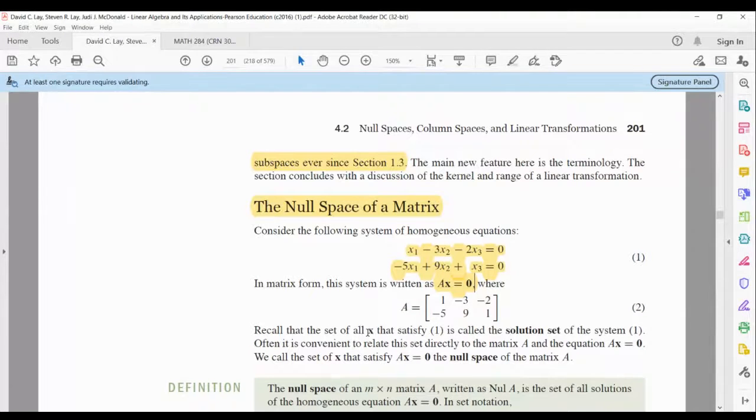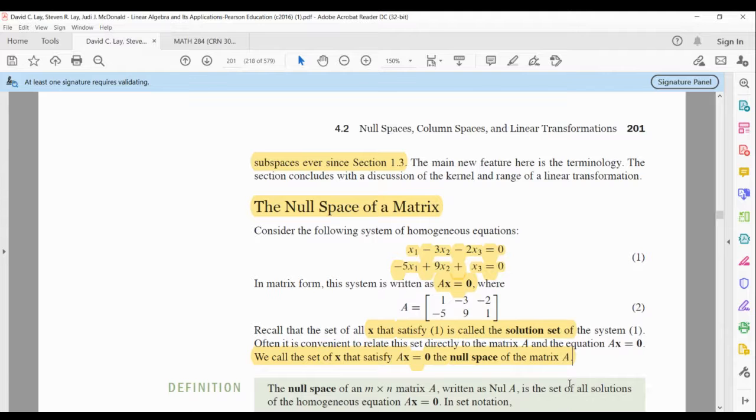Then the vector X that satisfies that system is a solution set of the system. Nothing strange here. And we would call that set X that satisfies this matrix equation the null space of the matrix A.